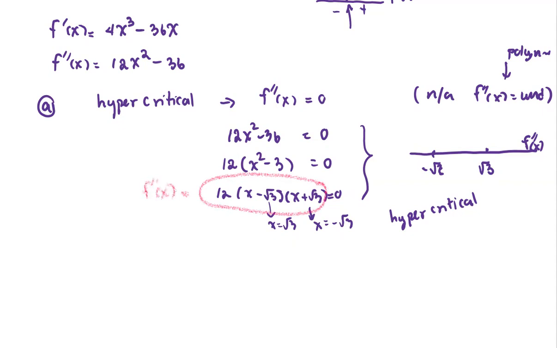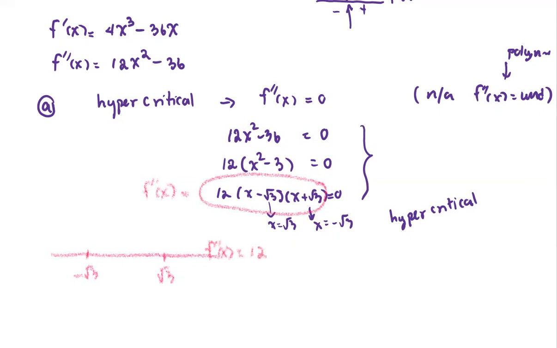Let me bring it over to this area of the notes so you can see better. So negative square root 3, positive square root 3, and this is the line for the sign of f double prime. And f double prime in the form of 12 times x minus square root 3 times x plus square root 3 equals 0.